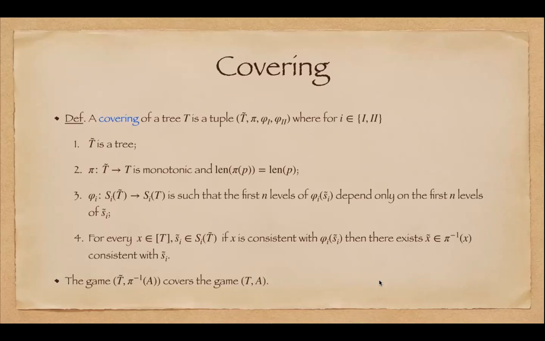If I take a strategy sigma tilde of player i and I map it by phi i to a strategy of player i in the covered tree, and then I take a play x consistent with the image of sigma tilde, then I can also find a play consistent with sigma tilde itself in the covering tree, which is mapped to x. Okay, so this is what number 4 says.